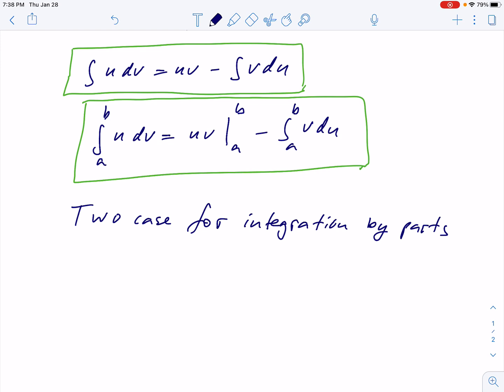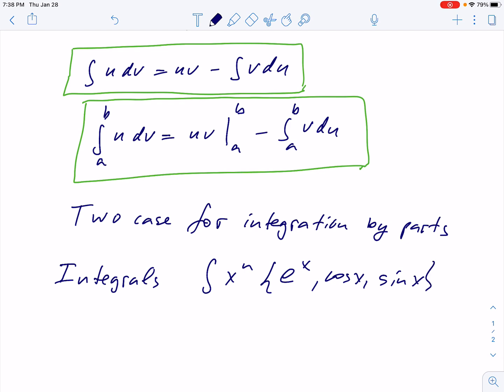Integrals of the form x to some power n, and here we have either exponential e to the x, or cosine x, or sine x, or with some coefficients. In this case, we take u to be the function x power n.